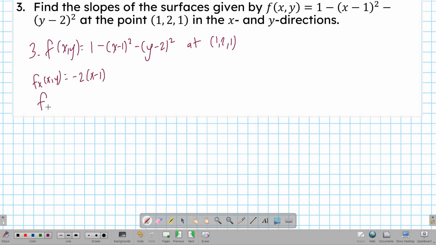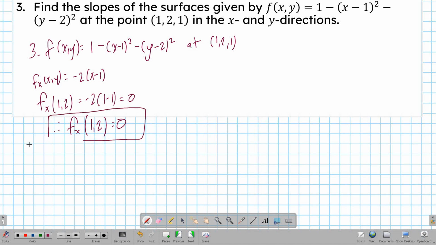If we want to find the slope at the point 1, 2, 1, this becomes negative 2 times 1 minus 1, which ends up with a slope of 0. Therefore, the slope of the curve at the point 1, 2, 1 is 0.